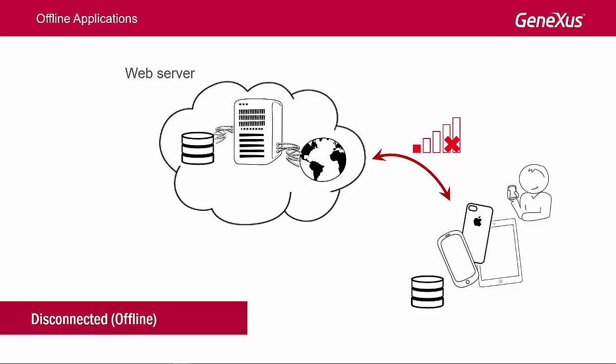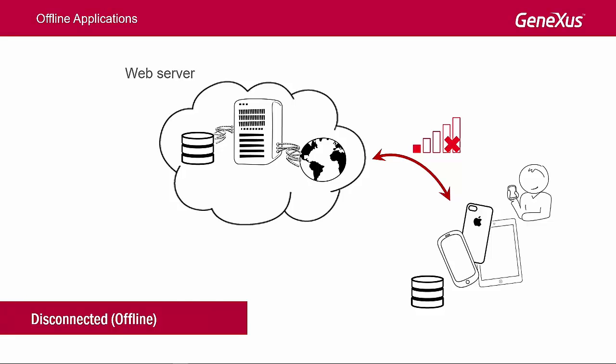Everything would be managed from the device, as the app installed on it wouldn't communicate with the server. Another particular case is when we want the device to be able to receive the changes made on the centralized database, but never to send its own changes, which will be saved in its local database. These applications that can work without an internet connection are called offline applications.